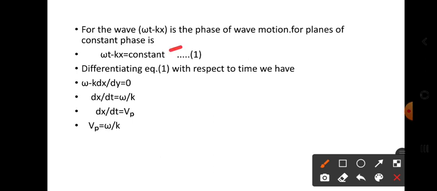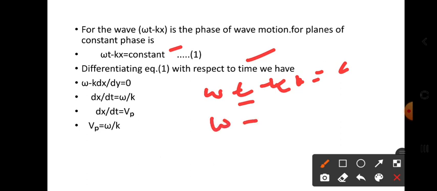Differentiating equation 1 with respect to time, whatever we said is constant, we differentiate with respect to time. Omega t minus kx equals constant. Differentiating with respect to time, the t term gives 1, because we are differentiating with time.